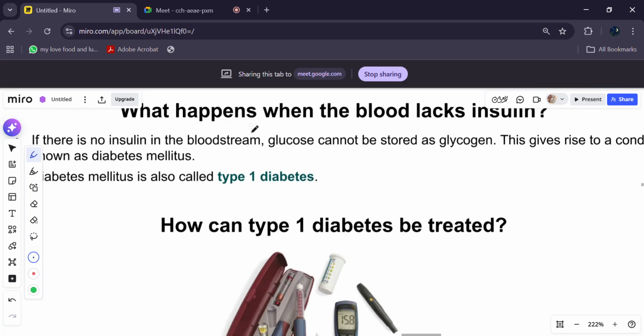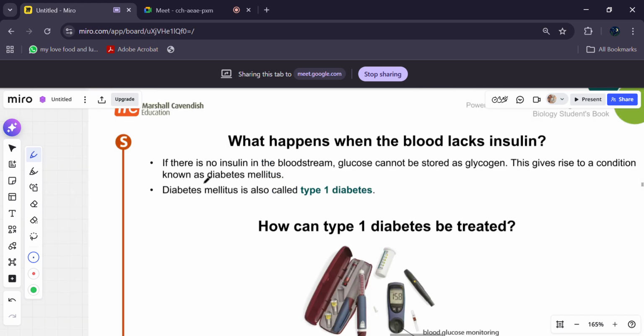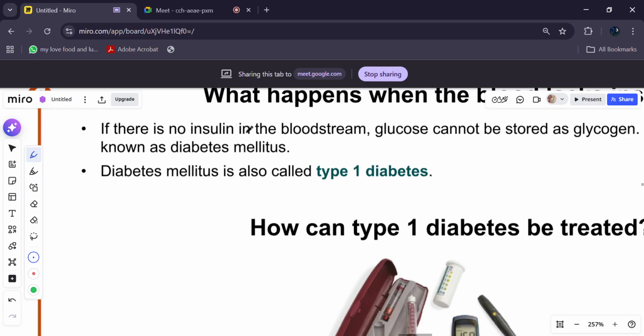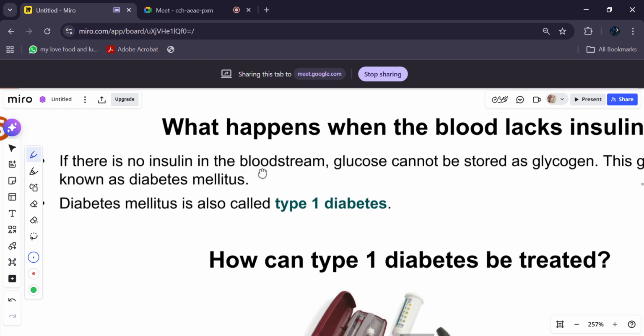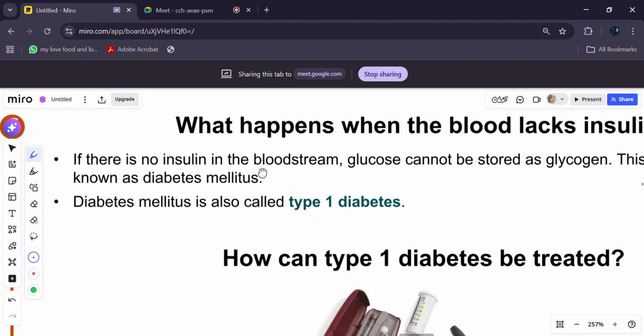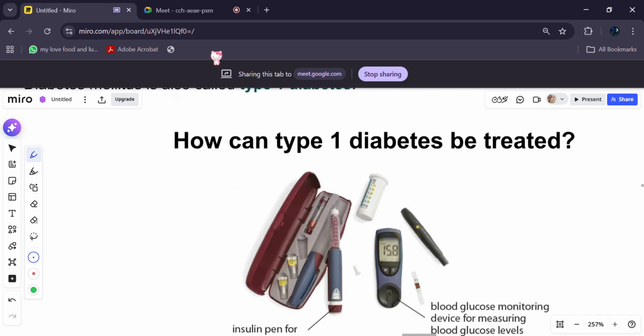But sometimes it's not always like that. When the blood lacks insulin, type 1 and type 2 diabetes are created. If there's type 1 diabetes, patients can be treated using insulin. Insulin is usually injected into the fat tissues under the skin.